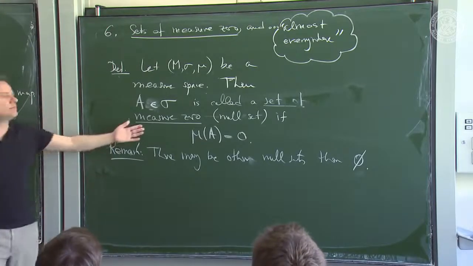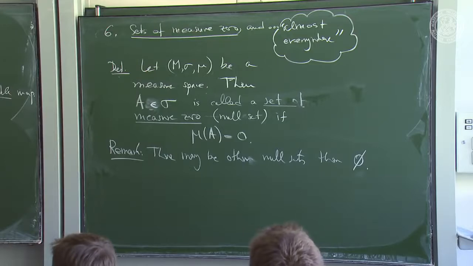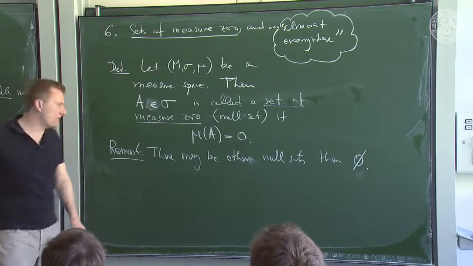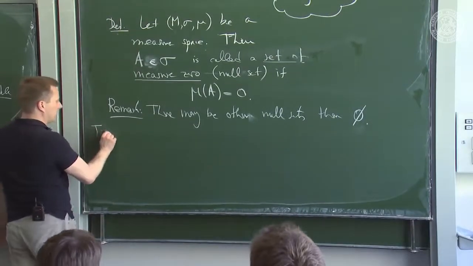But anyway, it's an important notion, and many things we're going to prove in measure theory, and that will carry over to integrals and so on, is that many statements hold almost everywhere, and that's the final bit of terminology for today. Terminology.